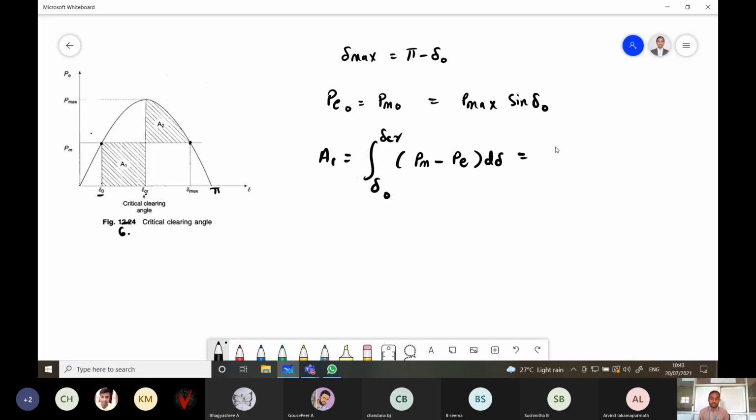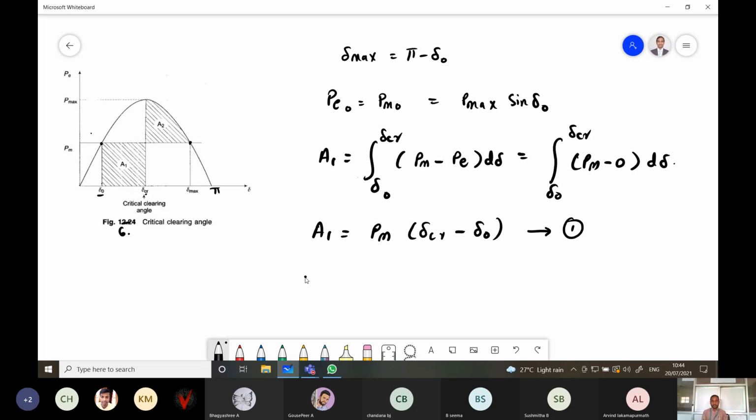In this first case Pe will become 0, so Pm minus 0, into d delta. Therefore A1 will become Pm into delta CR minus delta naught, after applying limits. This is equation number 1.